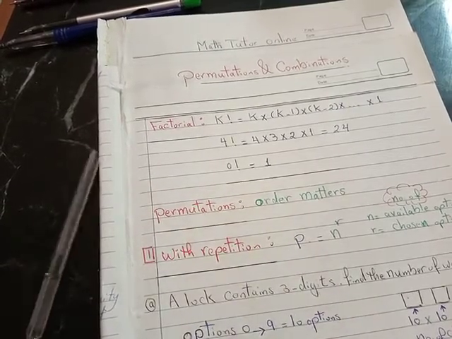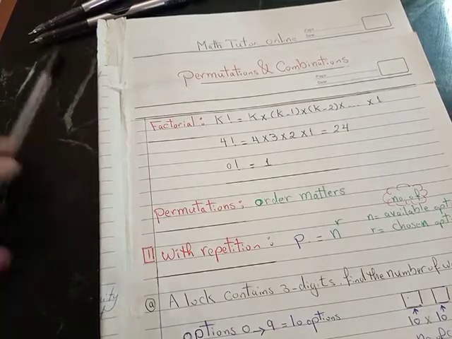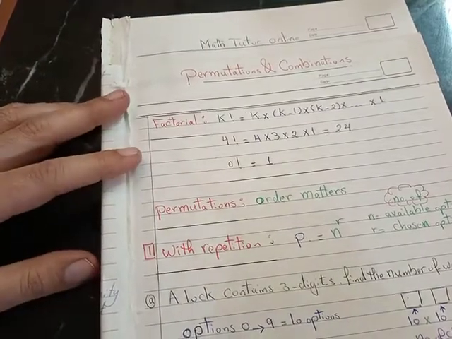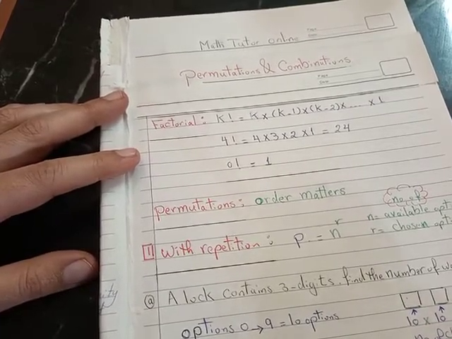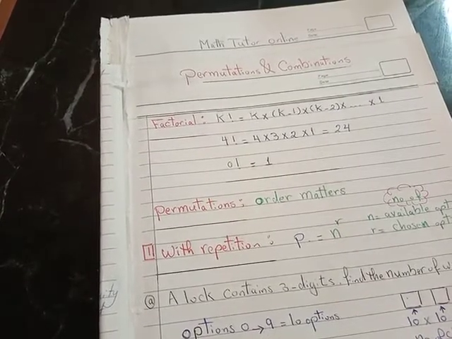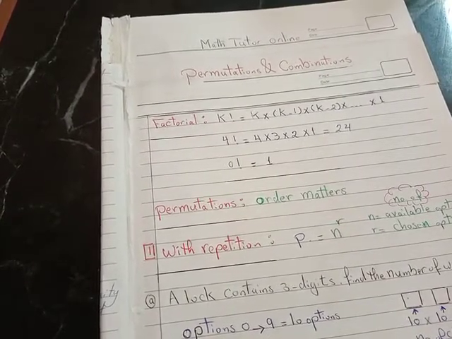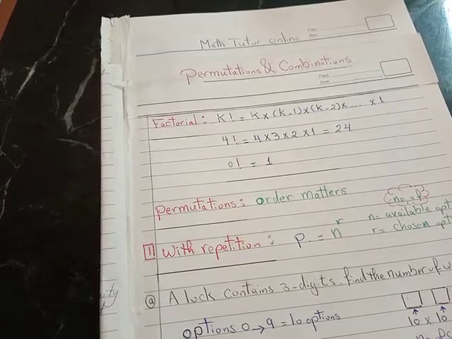So let's name these three colors red, green, blue. So the number of available options here is 3 options.